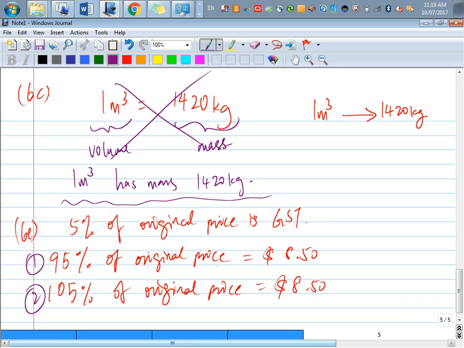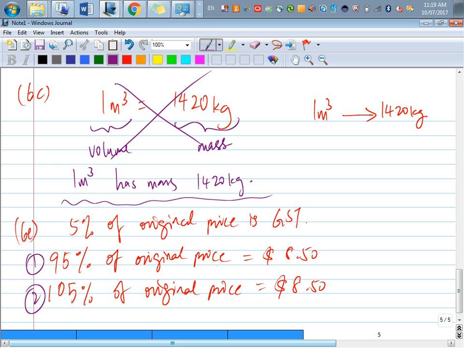Okay, so listen carefully. Both of them look okay, because you see that 5% is GST. So the question is, which value should be our 100%? Whenever we deal with percentages, we need to ask ourselves, 5% of what? 100% of what? Where is our 100%?